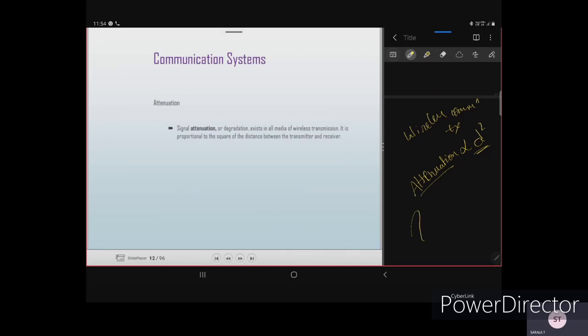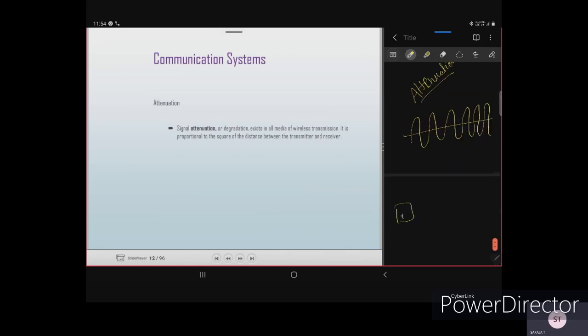If I am transmitting a signal, this is taken as the distance between the transmitter and receiver. When the signal reaches the receiver, the attenuation is proportional to the square of that distance. Attenuation happens at the transmitter end, whatever signal we send, but at the receiver end you will get a lesser signal, because the signal gets cut. That signal cutting is called attenuation.